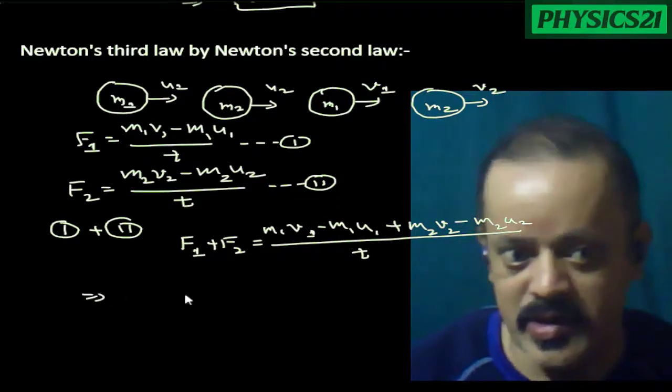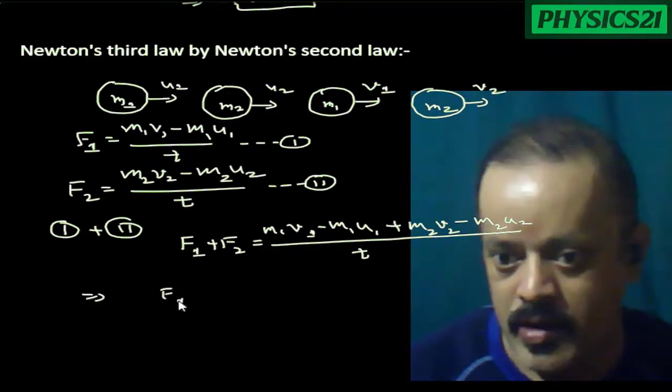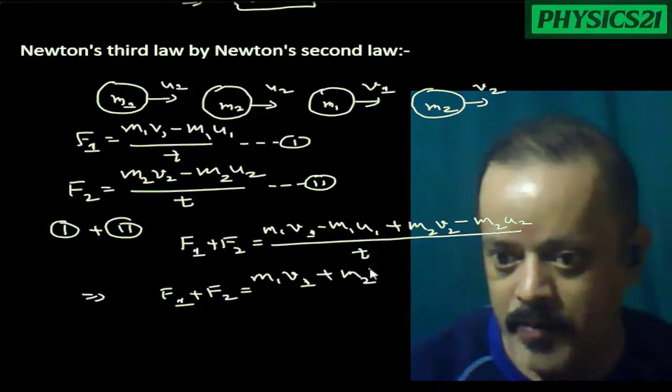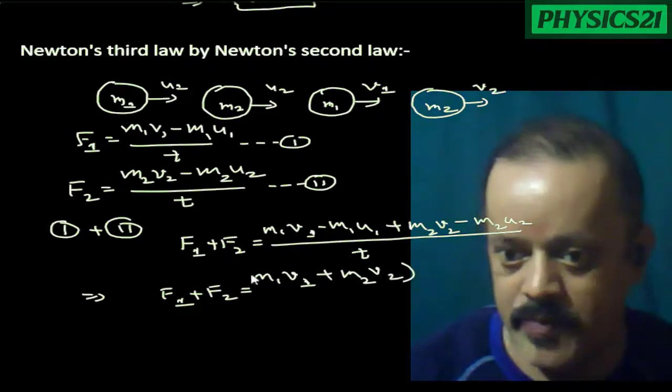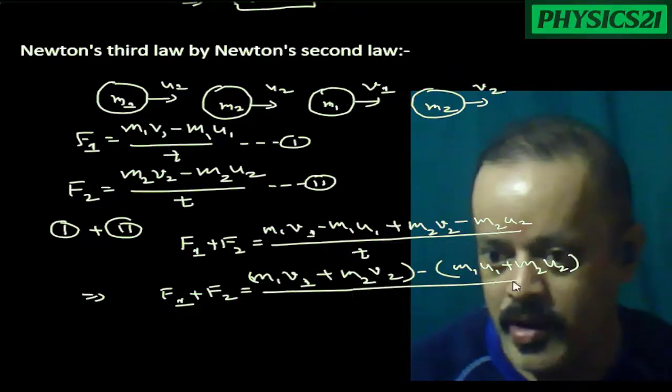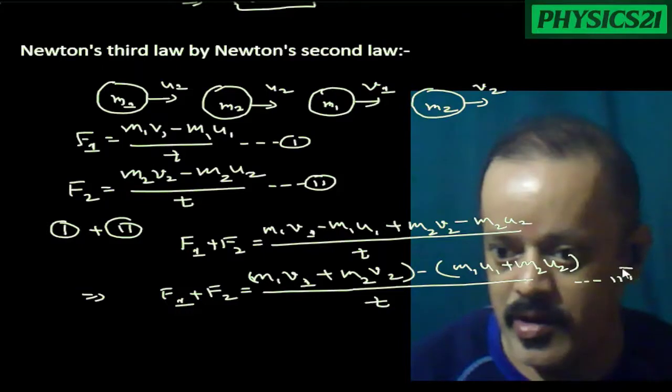Now as we rearrange the terms, we get F1 + F2 = [(m1v1 + m2v2) - (m1u1 + m2u2)]/t. This is equation 3.